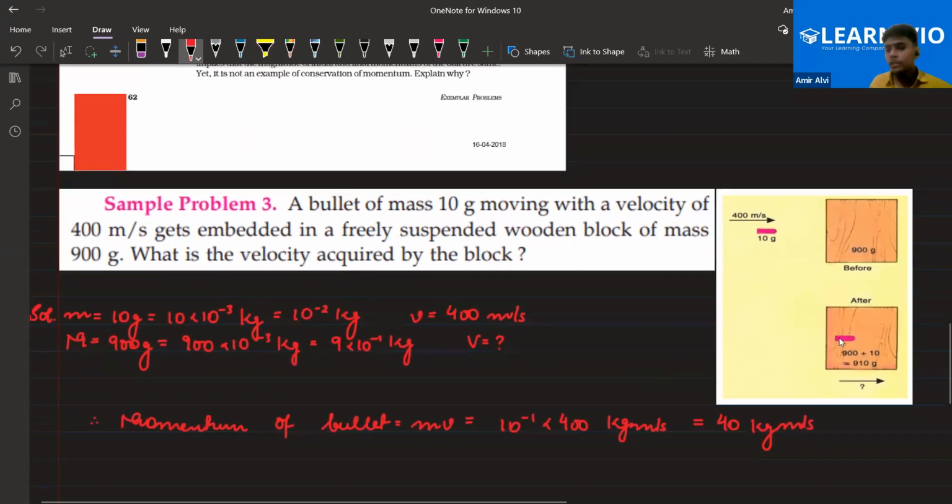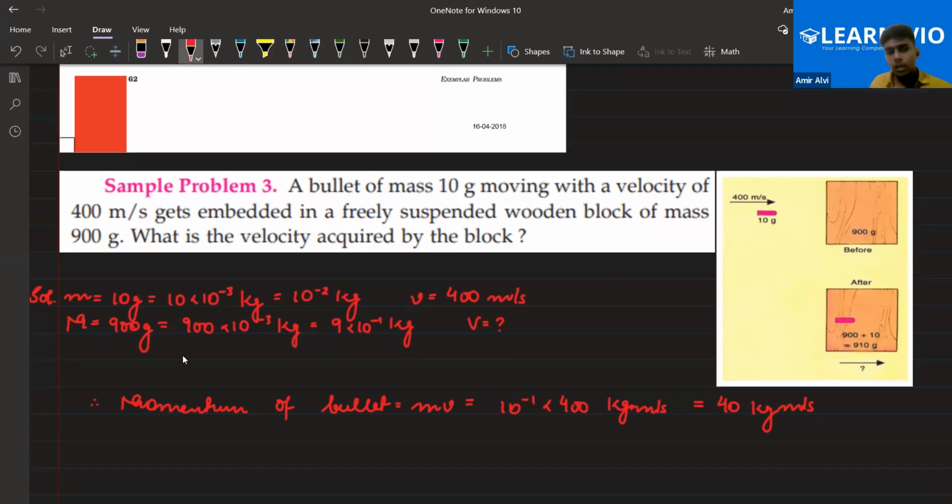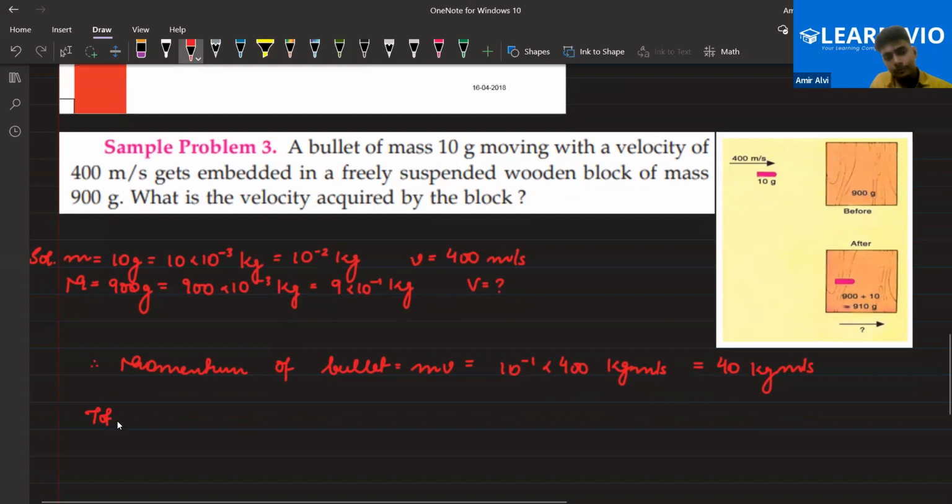And the initial momentum of the block is 0 because there is no velocity acquired by the block before the collision. After the collision, what will happen? The bullet will get stuck into the block, and the total mass of the block would be 900 gram plus 10 gram, so it is going to be 910 gram.